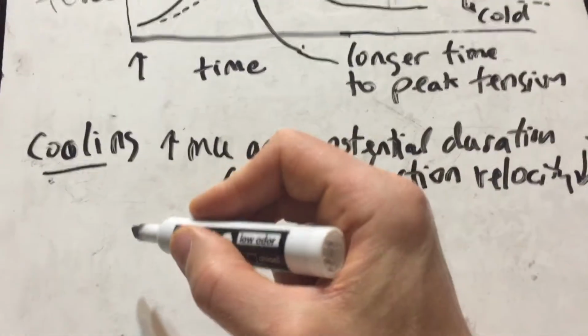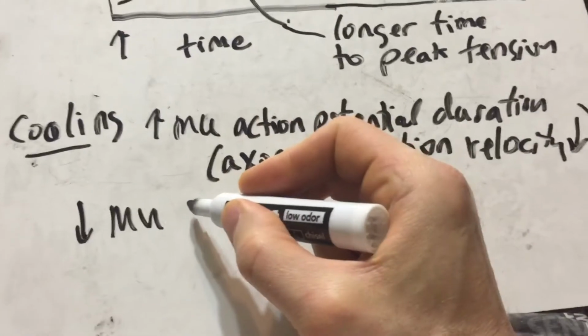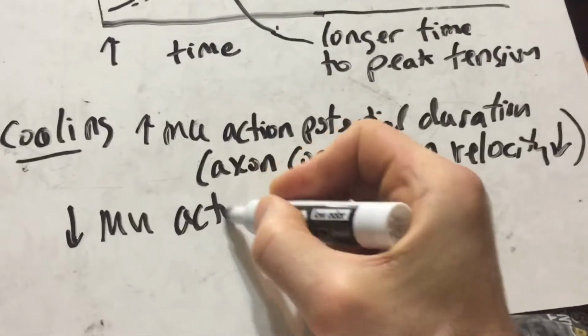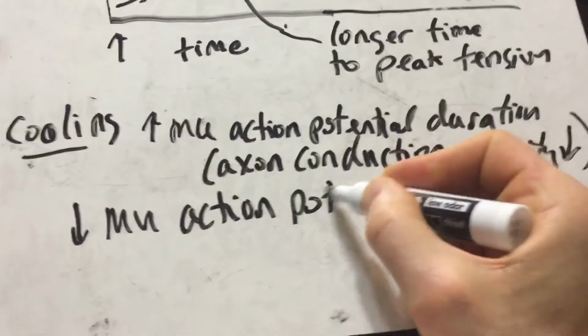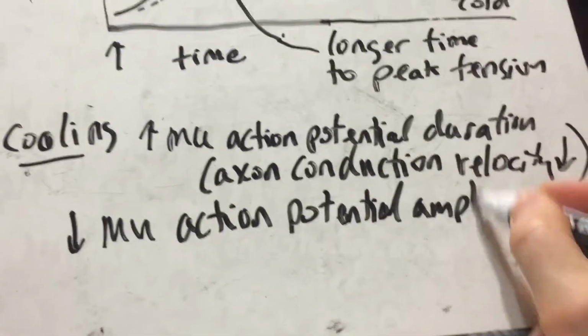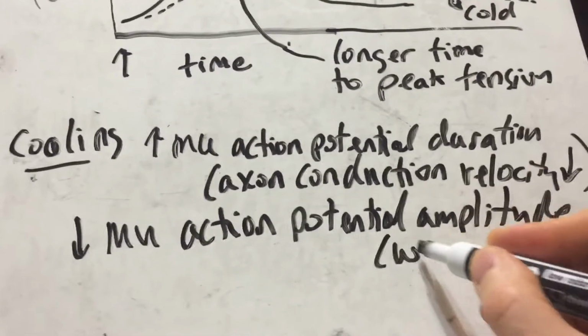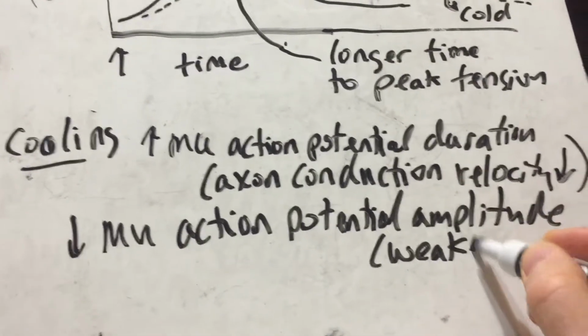Now they also found that there was a decrease in motor unit action potential amplitude. And this just means that the motor unit action potential was weaker.